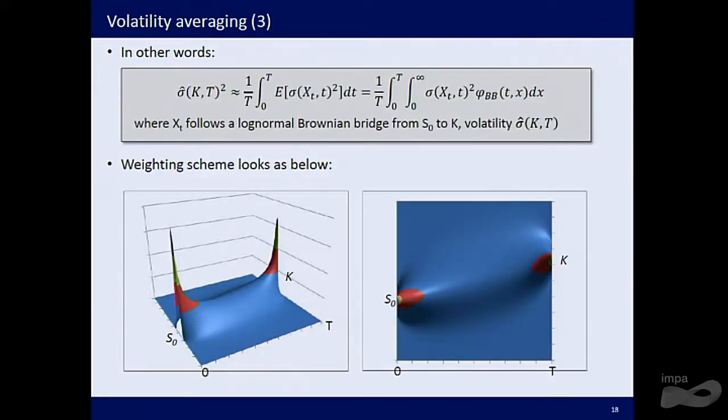So obviously more density around the spot, more density around the strike. So it tells you what are the points that matter when you average out the local vols into implied. Okay? And the equation starts looking a little better like this.